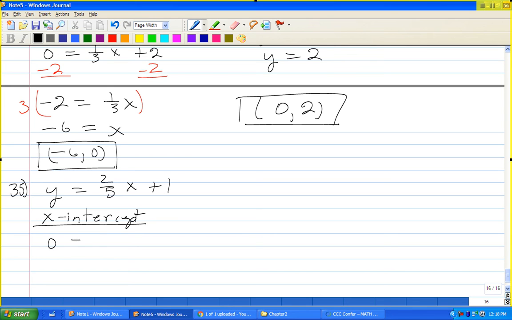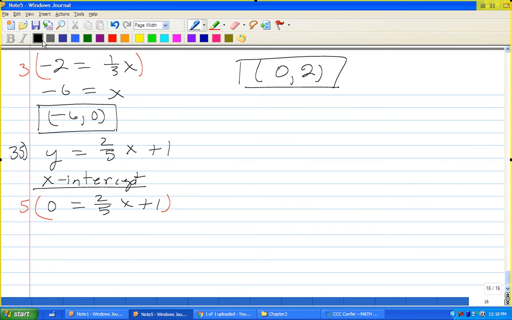Set y equal to 0. Solve for x. Multiply both sides of the equation by 5. So I get 0 equals, the 5's cancel, 2x plus 5 times 1 is 5. Subtract 5 from both sides of your equation.